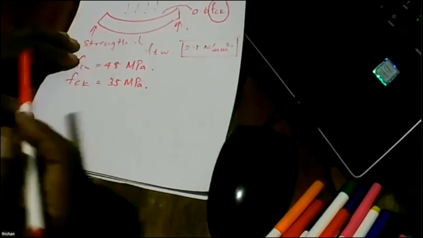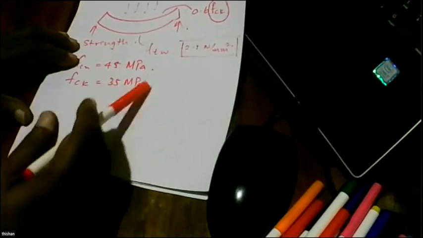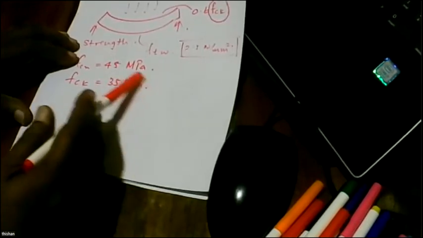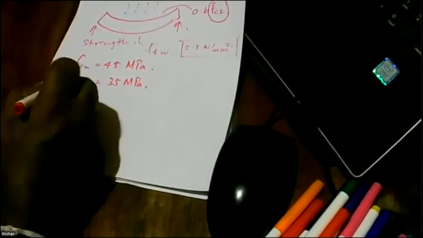How are you going to get 35 megapascal cylinder strength or 45 megapascal cube strength? So we say, we are going to concentrate on this study. And because there are certain conditions that you have to meet when you are dealing with pre-stressed concrete.